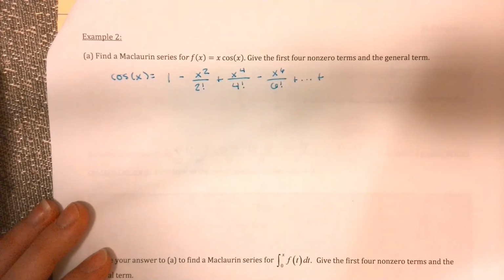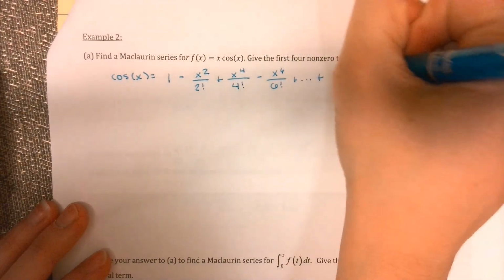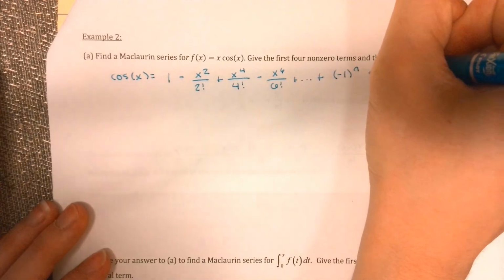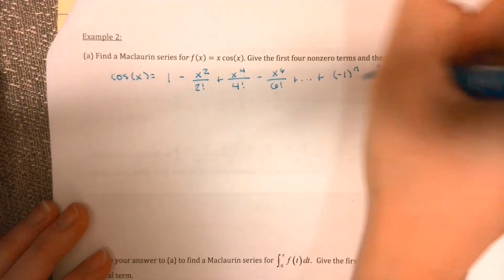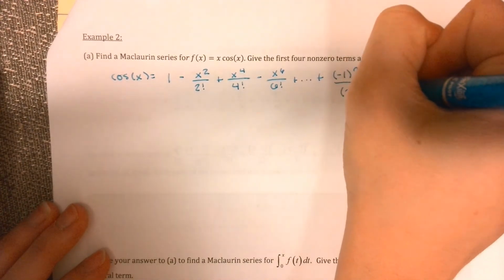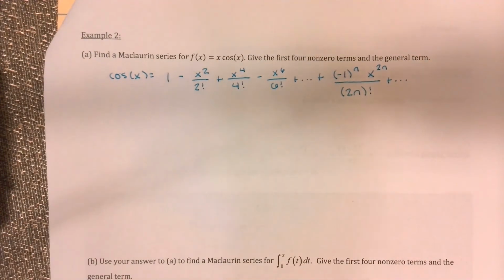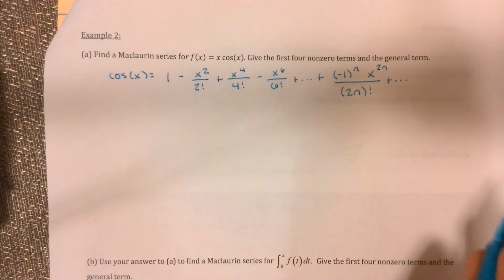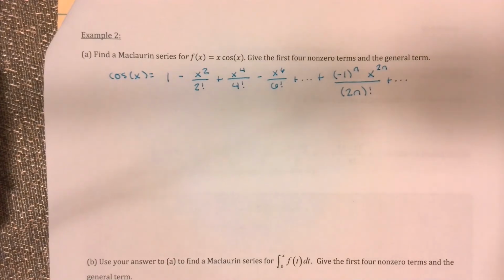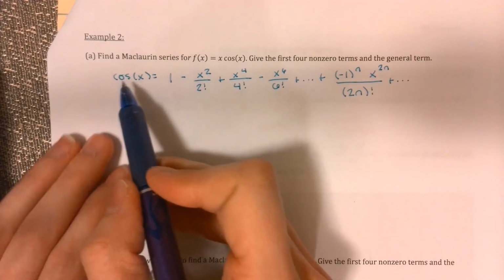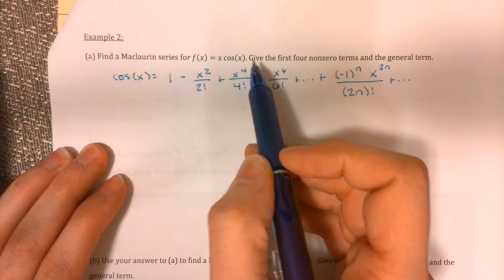Okay, general term looks very similar to sine, negative 1 to the n, but now we have even exponents. Okay, and an even factorial. Okay, this is for cosine of x. In order to transform cosine of x into x cosine of x, I would just multiply by x.